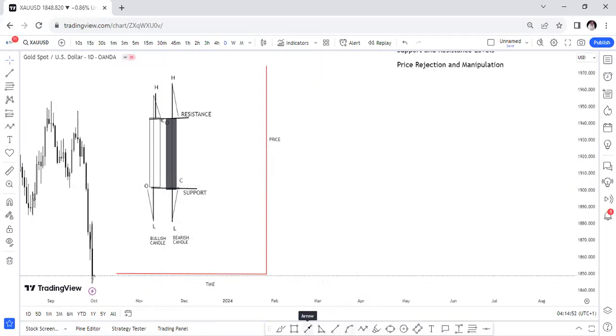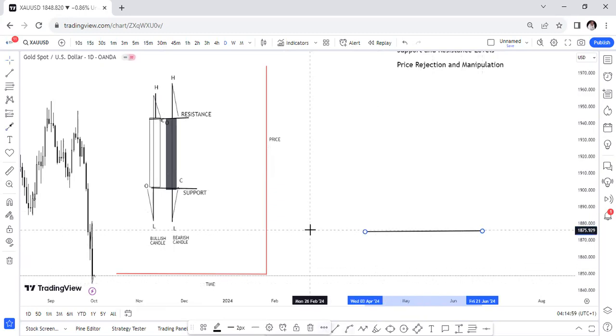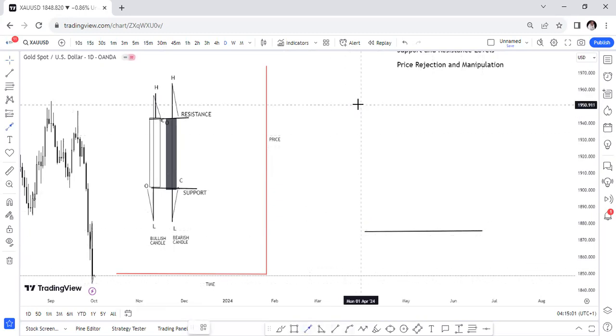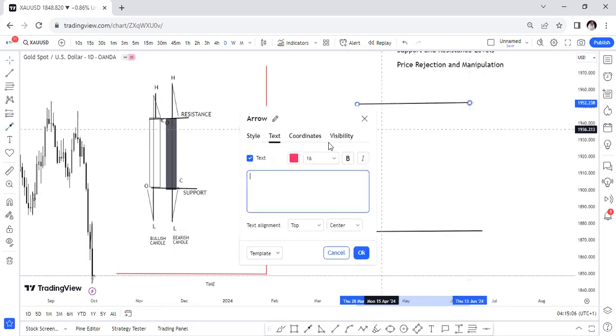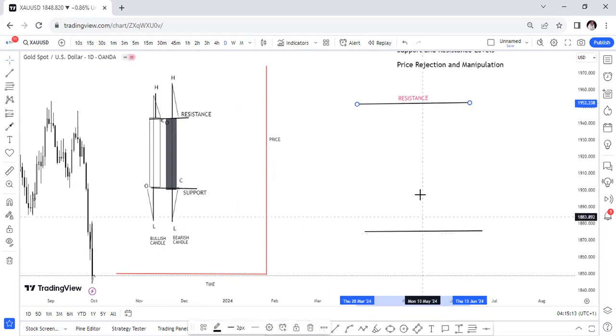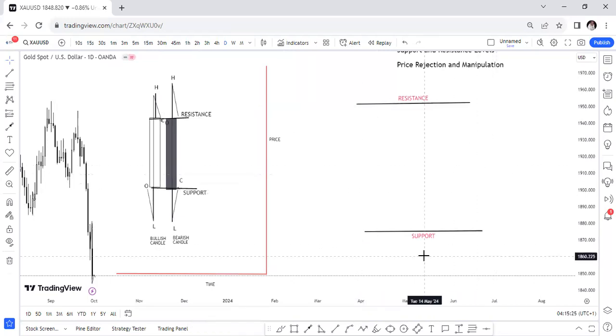If this is the support level, that's the floor or the bottom of the market, and this is the upper boundary, the resistance. If this is resistance, then this is the support.